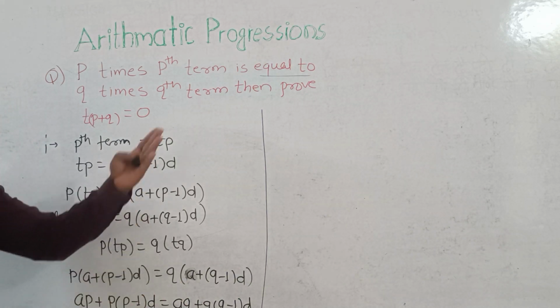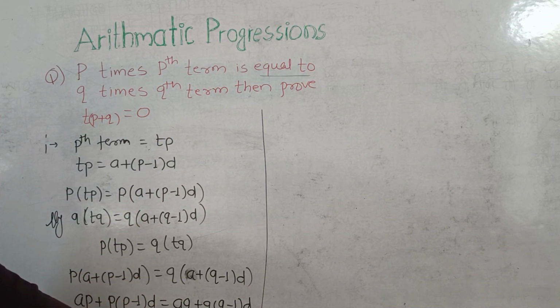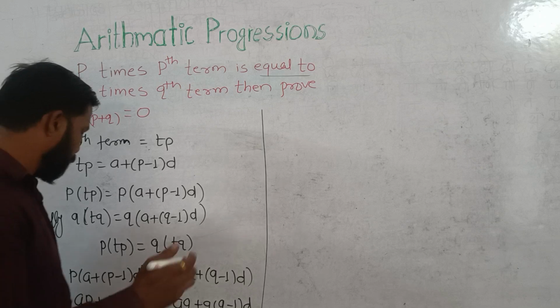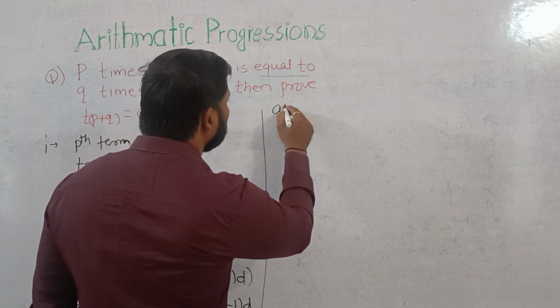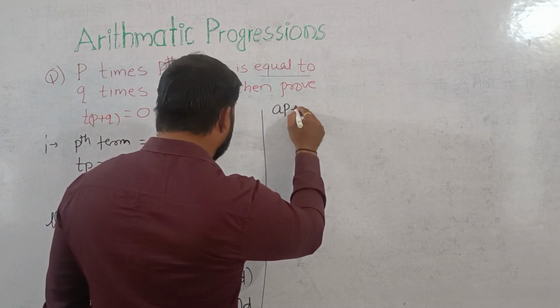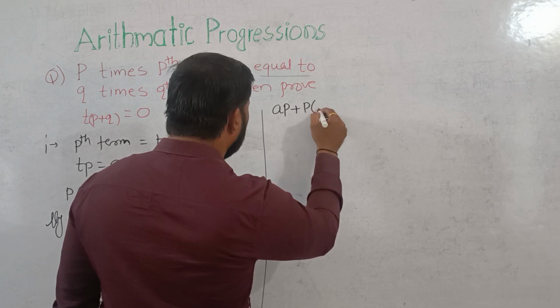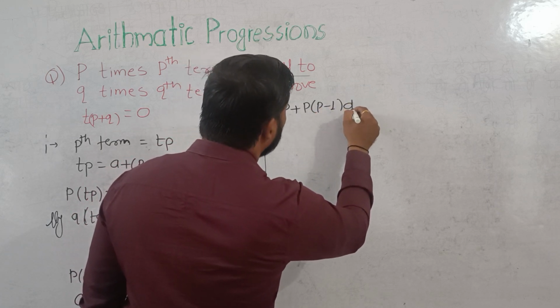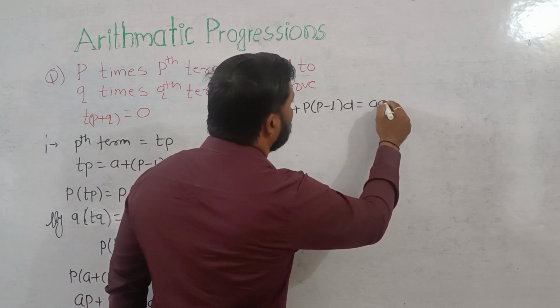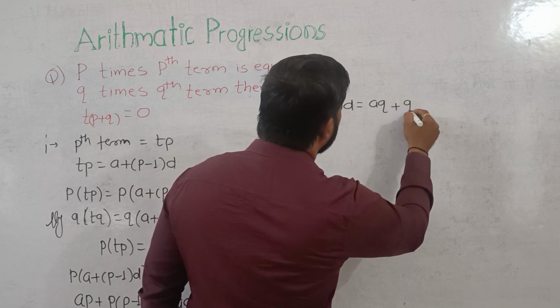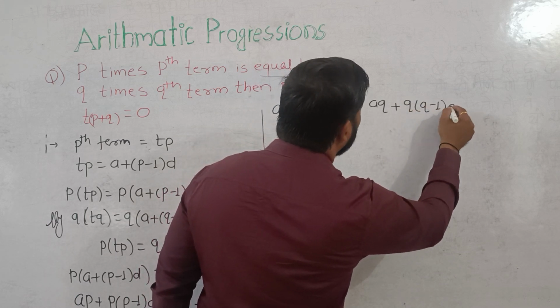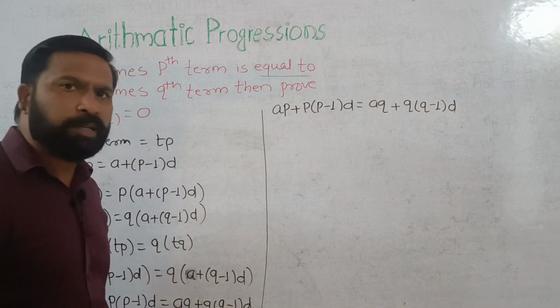As it is, I copied that line: ap plus p into (p minus 1) into d, which is equal to aq plus q into (q minus 1) into d.